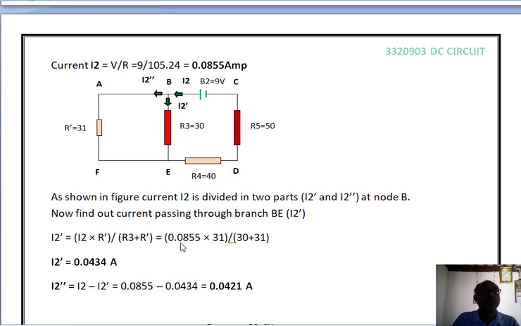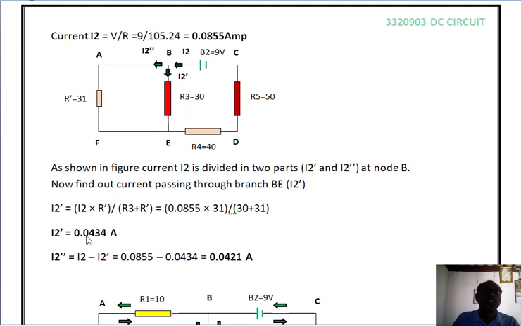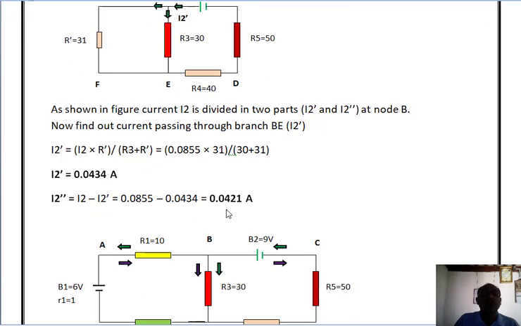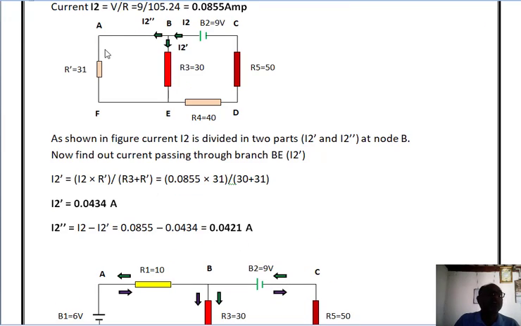Just put the value: I2 is equal to 0.0855 into 31 divided by 30 plus 31. So I2 dash becomes 0.0434 ampere. That is the value of current passing through the 30 ohm resistance. And you can also find I2 double dash using I2 minus I2 dash. So 0.0421 ampere current passing through this R1 resistance.